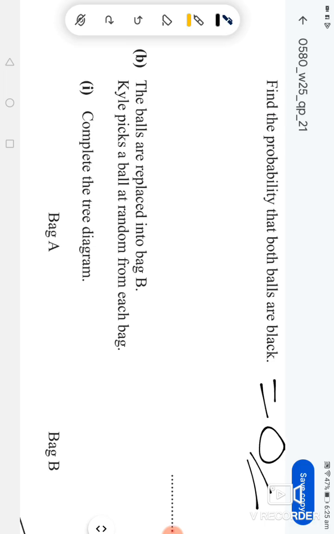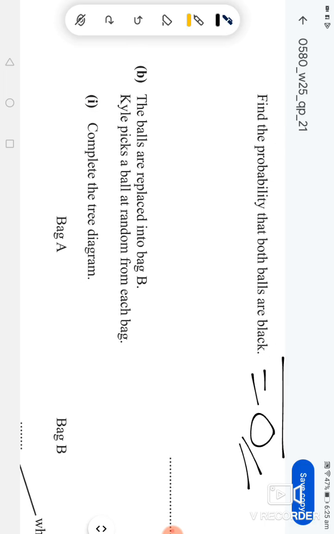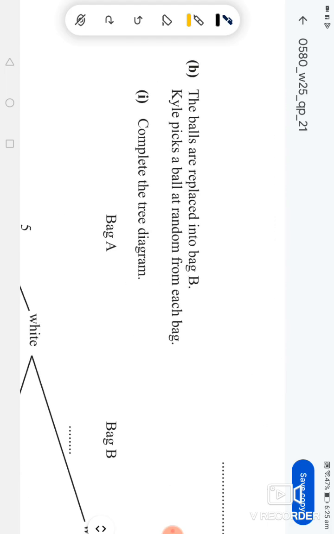The balls are replaced into bag B. Kelly picks a ball at random from each bag. Complete the tree diagram.